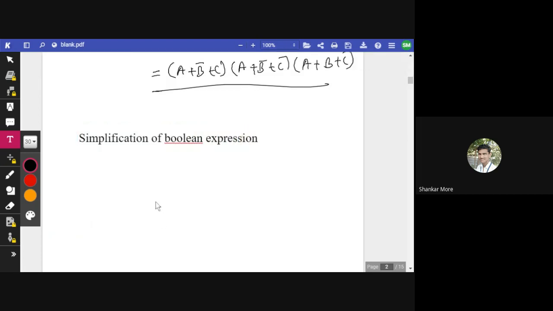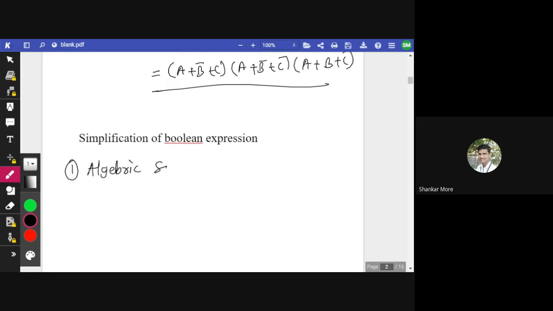The first method we use is algebraic simplification. The second one is K-map, and the third one is the Quine-McCluskey method.